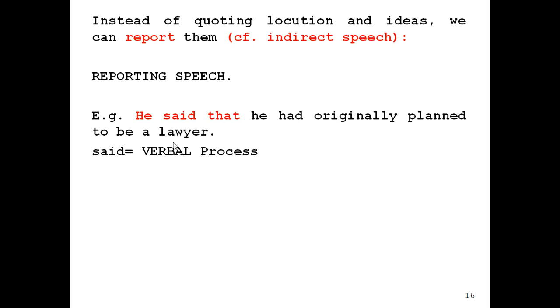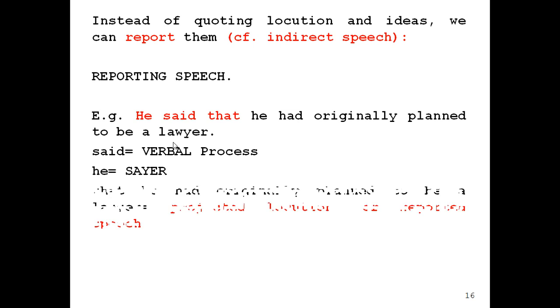Said is the verbal process, he is the sayer, and that he had originally planned to be a lawyer is the projected locution, which, as I showed you before, could also be considered a kind of verbiage, but it's much more appropriate to talk about a projected locution, and in particular, a reported locution.